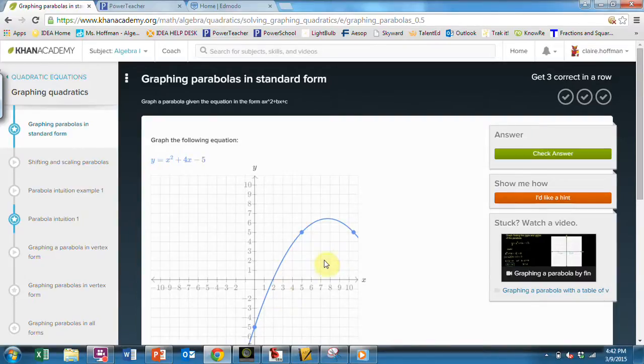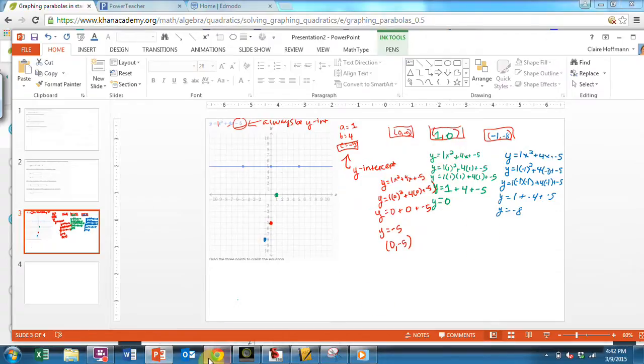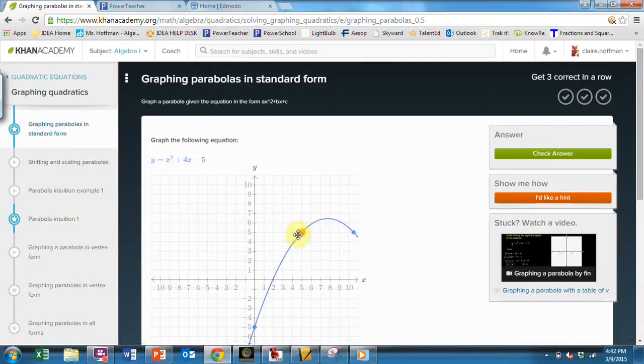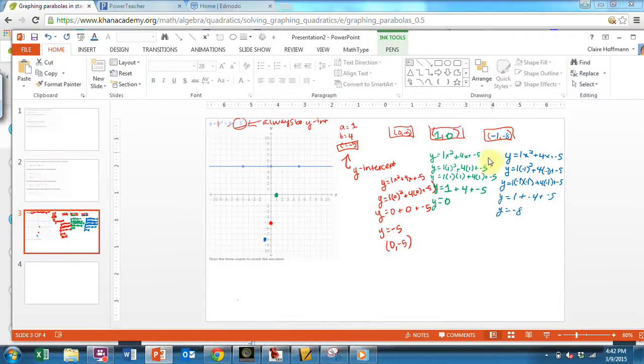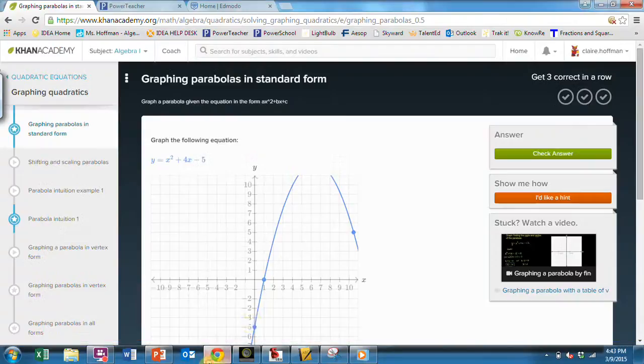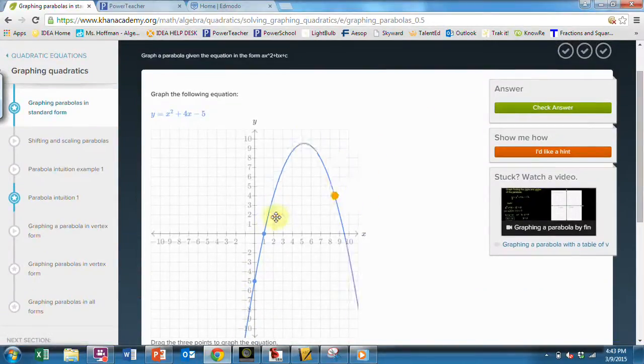My second point I said was 1, 0. And my third point is negative 1, negative 8. All right, and that should be my parabola.